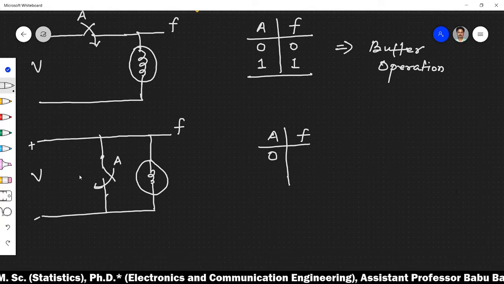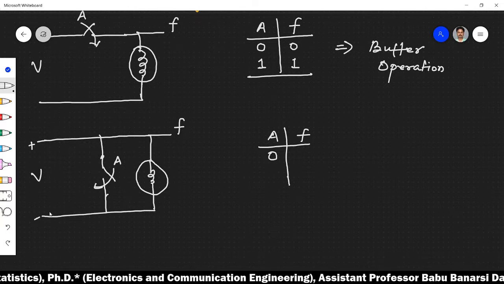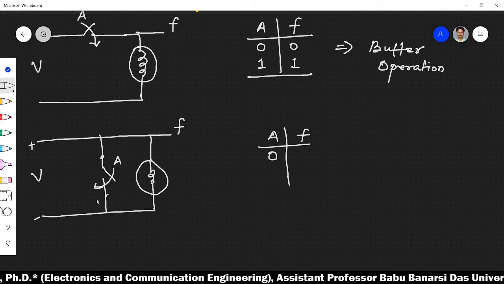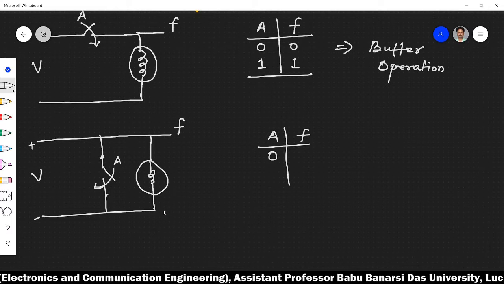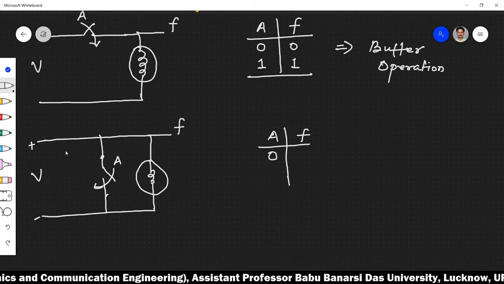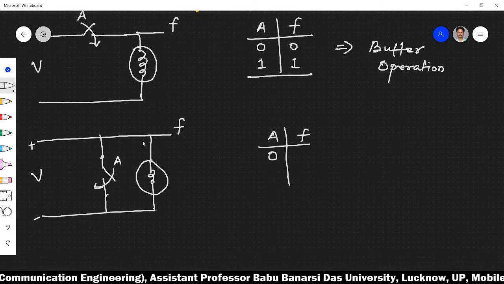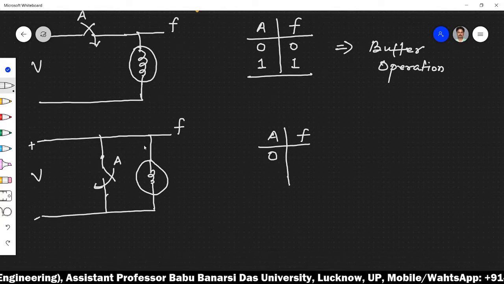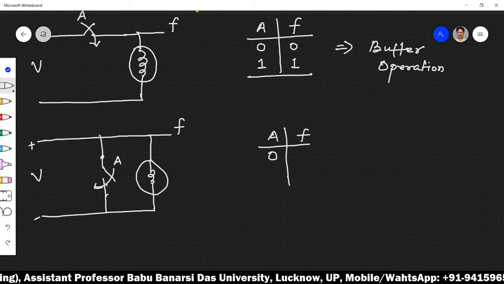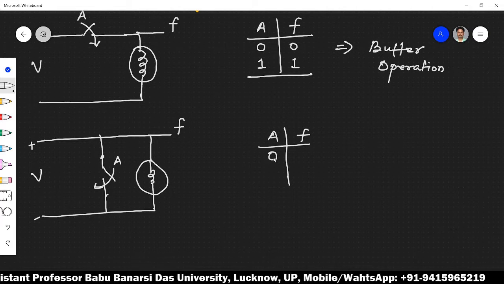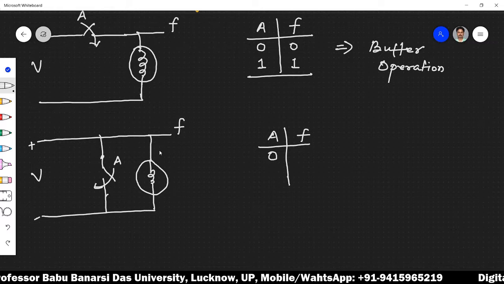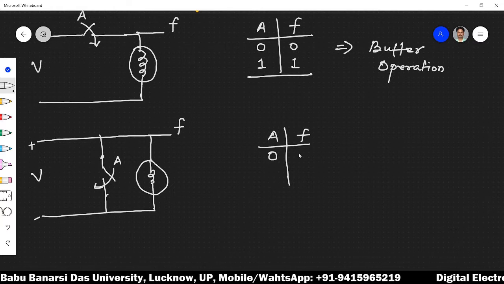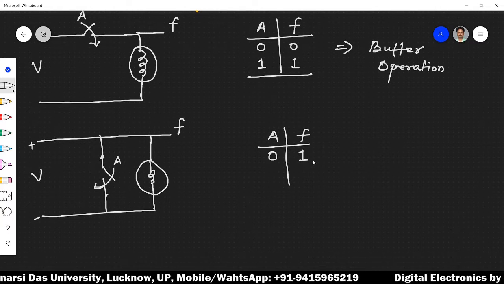These two terminals are open, and the voltage supplied here will directly appear across this bulb, and with this voltage there will be a current flow through this path, and the bulb will glow. So when the switch is open, the bulb is on, and hence you can write the output function as 1.